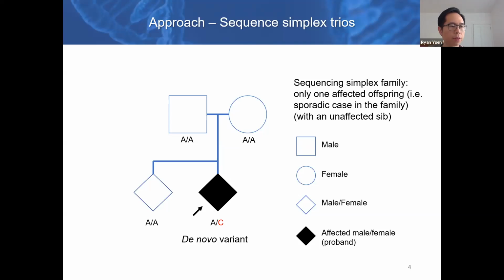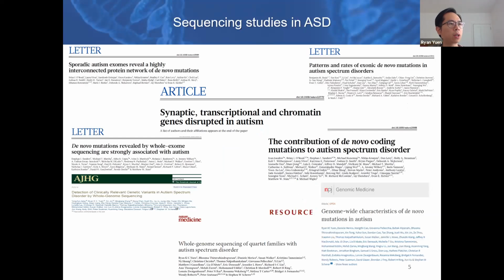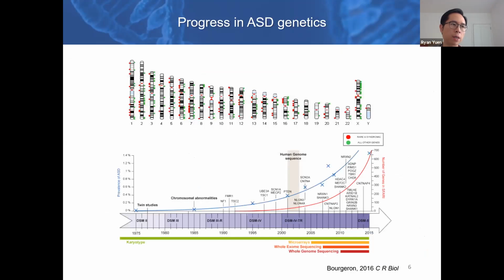So using statistical methods, there are many ways that you can identify genes or variants that would potentially be enriched in the children with autism. And because of the technology and the developed methods, there is a lot of progress in identifying the risk variants or risk genes involved in autism throughout the years.